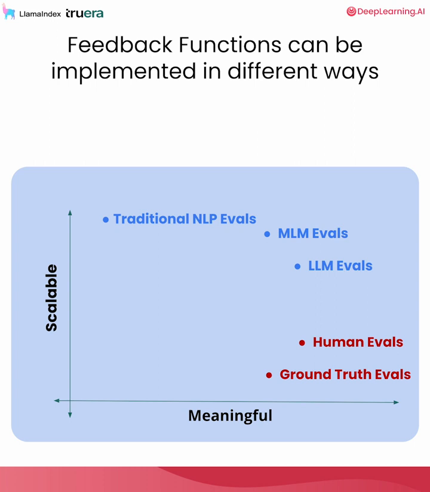Whereas the surrounding context will get used to provide a more meaningful evaluation when you're using either large language models, such as GPT-4, or medium-sized language models, such as BERT models, to perform your evaluation.